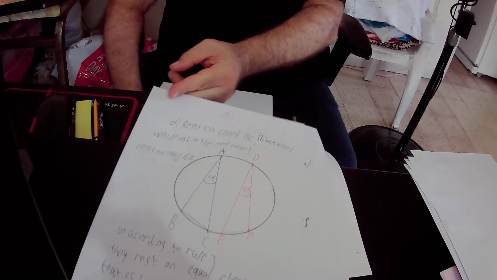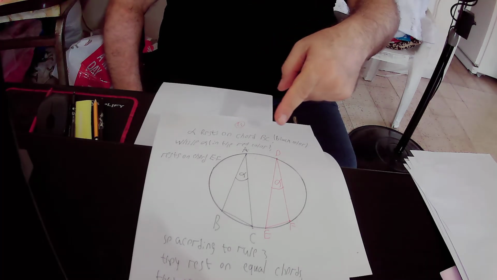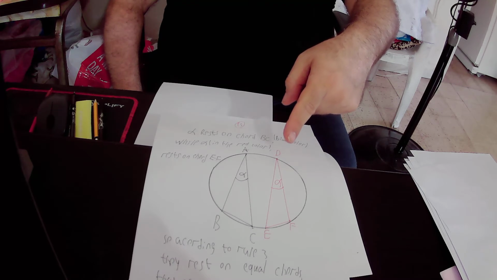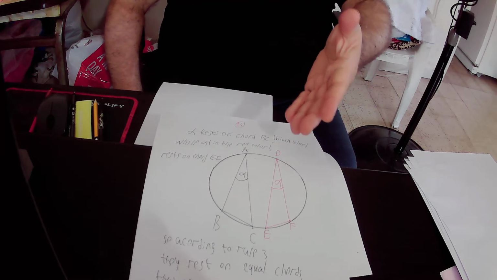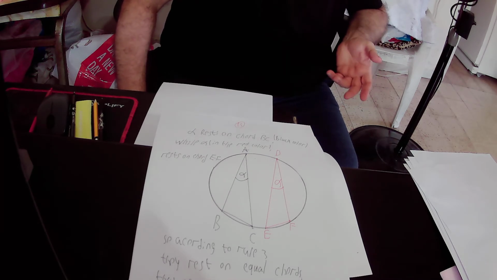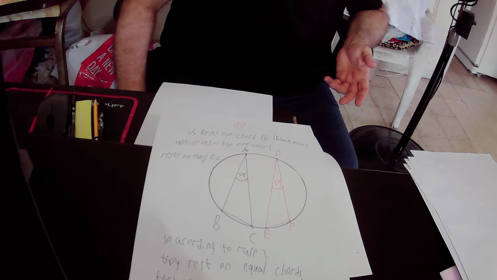So for example, if you have two peripheral angles, angle alpha in the black color and angle alpha in the red color, you have two equal peripheral angles. According to rule number 1, they rest on equal chords.